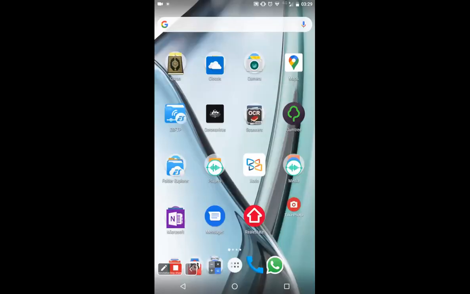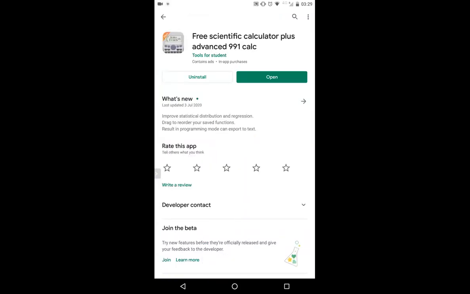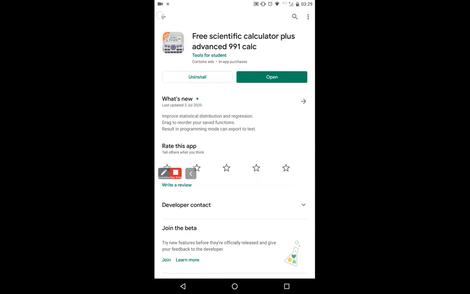Okay, so you remember what I wrote over there? Here I want to show you quickly a tool. Let's go to the Play Store, a very important tool for you. So if I go, I write free scientific calculator. Okay, look at this, what is written here. Free scientific calculator, read this. Okay, clear, go back.